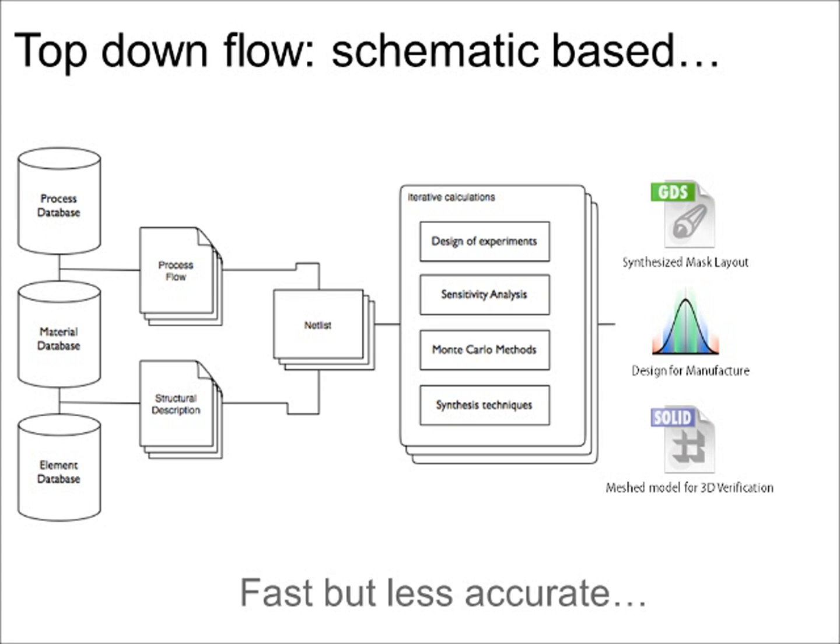And from here, using a tool like Simple, our system-level analysis tool, the topic of the previous webinar we gave, you can synthesize your mask layout or mesh a 3D model for analysis in one of our FEA tools.